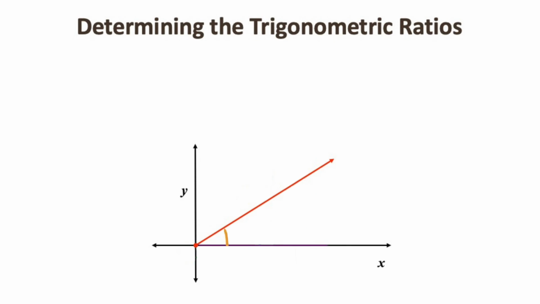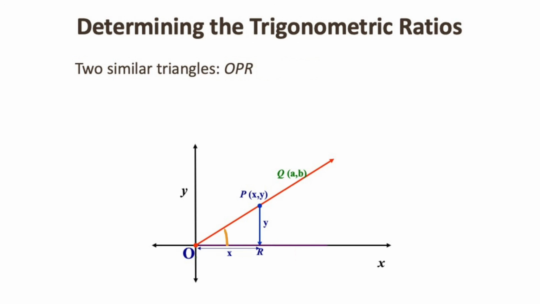If we have this angle in standard position with 2 points P and Q defined on the terminal side, we get two similar triangles. That is, we get triangle OPR and triangle OQS, subtending the same angle theta.